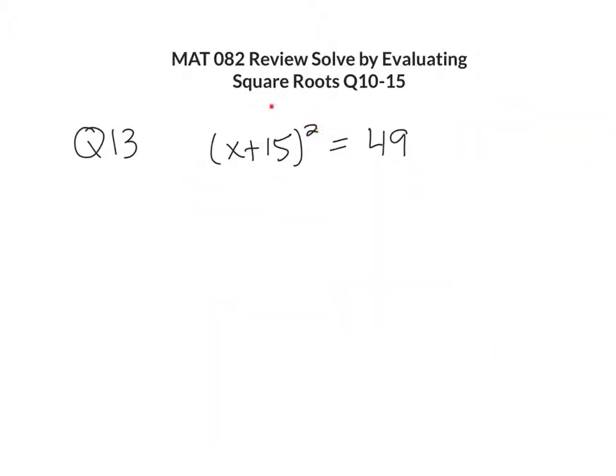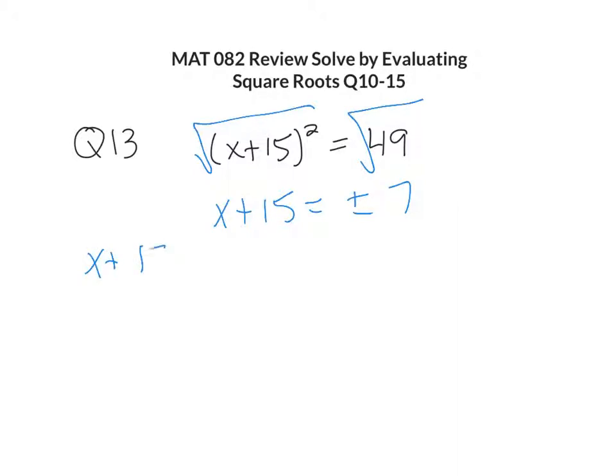We see that the squared term is by itself. So we're going to go ahead and take the square root of both sides. That gives us x plus 15 equals the square root of 49, which is positive and negative 7. 7 times 7 is 49, and negative 7 times negative 7 is 49. Split it into two equations.